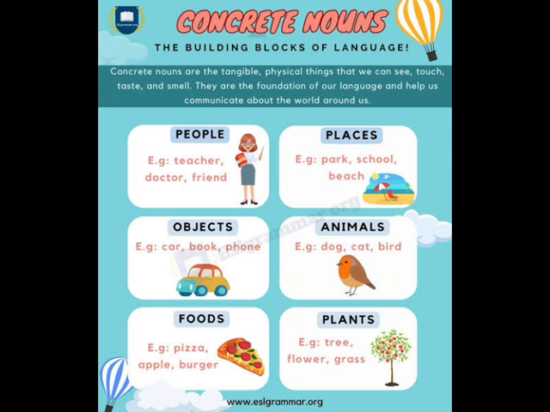Examples of concrete nouns. For example, we can take people. Example, a teacher, doctor, or friends. Places, park, school, beach, object, car, book, phone, animals, dog, a cat, a bird, food, pizza, apple, burger, plants, trees, flowers, grasses.